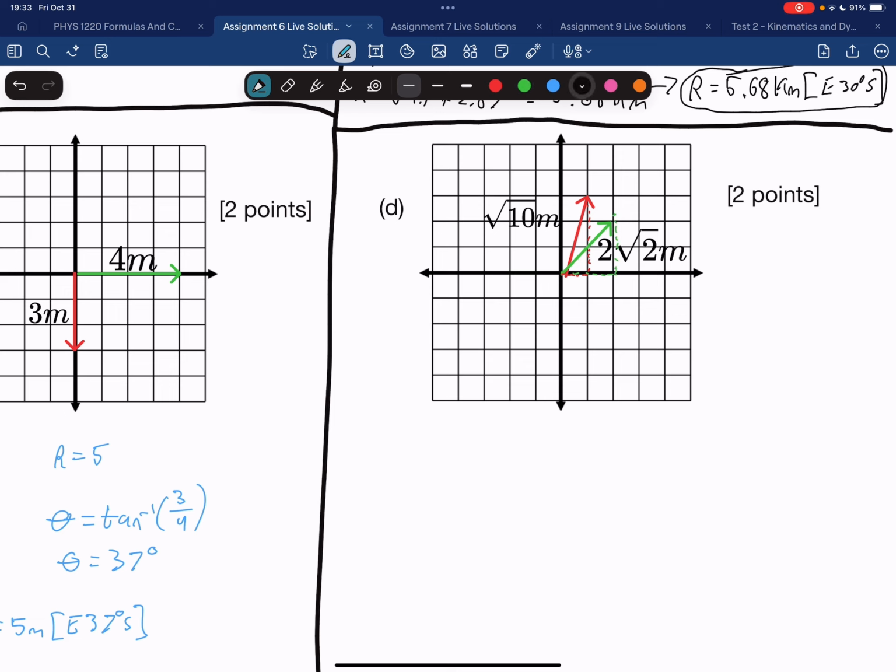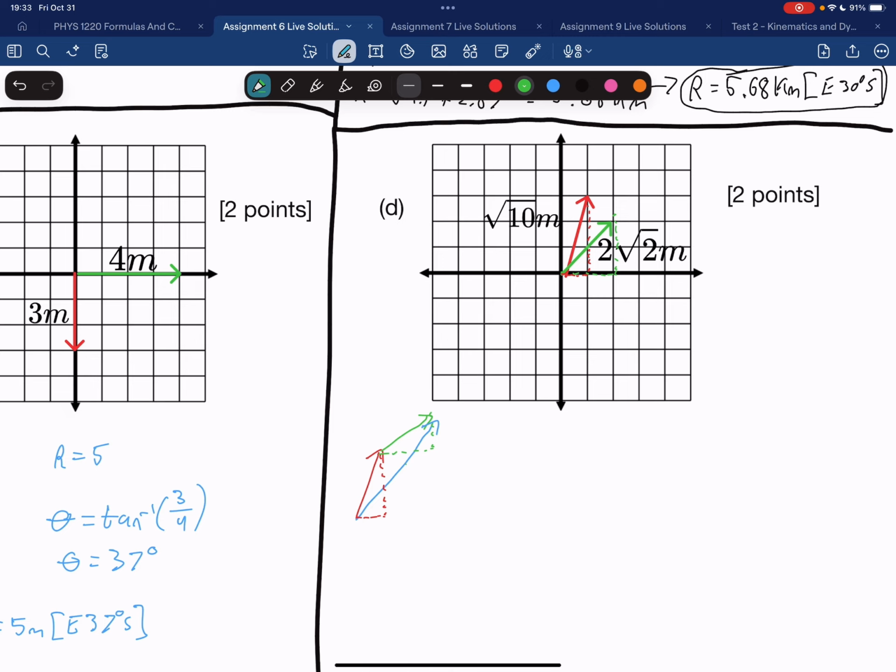So we know that if we draw them tip to tail, I'm going to draw the red one first, and then the green one. And they look something like this. And I'm going to have a resultant going like that. I know that I can break these up into 2 separate triangles, a green one and a red one.